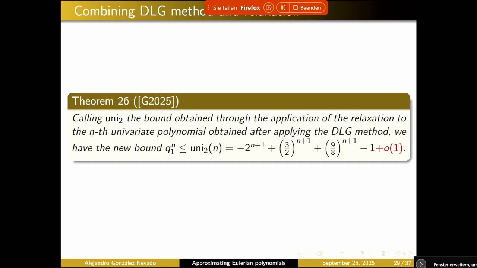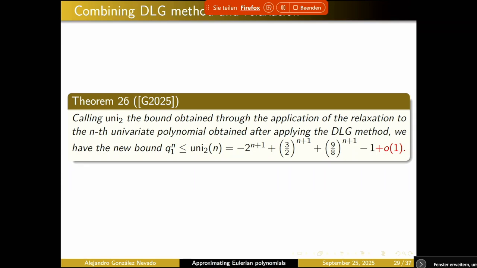When you apply the method of Sobolev plus the relaxation, what you get is this asymptotic expansion of a bound of the root, verifying that what follows goes to 0. So at infinity, this bound looks like this.